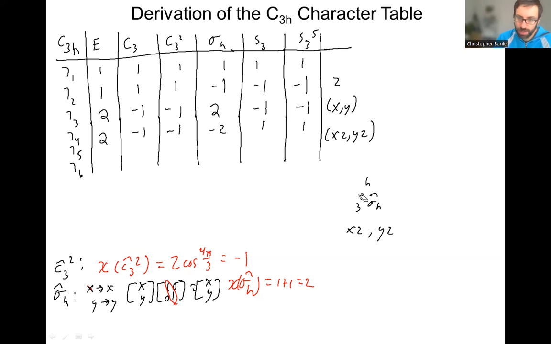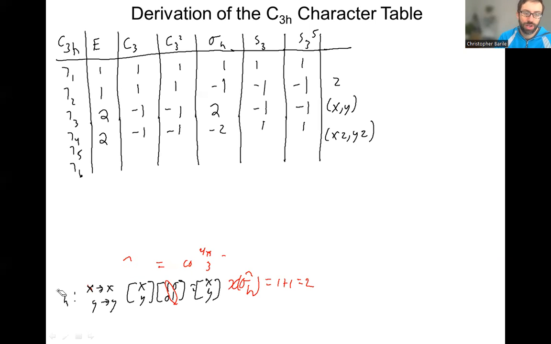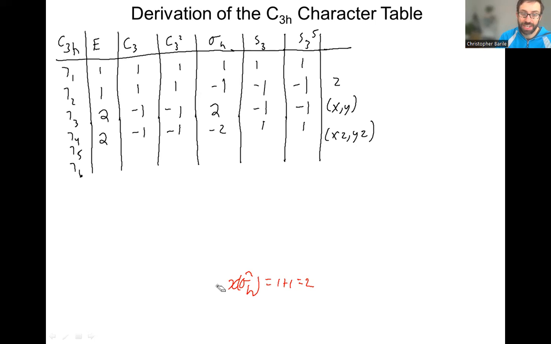Furthermore, there's another character table rule which says that the order of the point group, which is the number of symmetry operations in the point group, in this case 6, right? We have 1 operation in each of the 6 classes, has to be equal to the sum of the squares of the dimensionality of the character table.